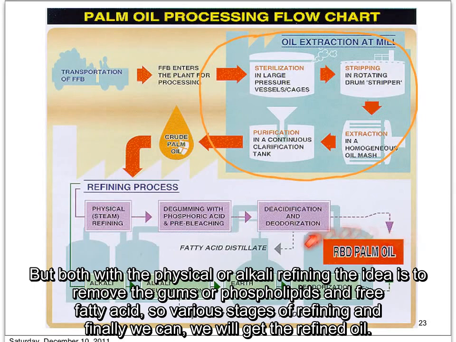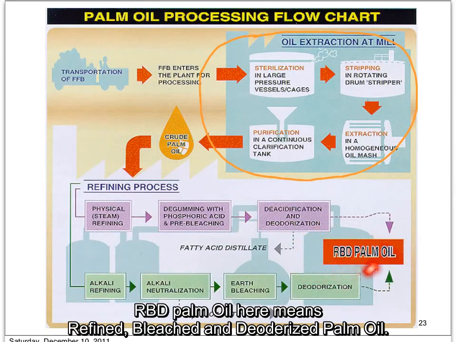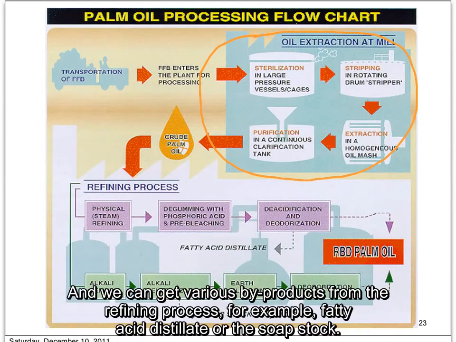And finally we will get the refined oil. RBD palm oil here means refined, bleached, and deodorized palm oil. And we can get various byproducts from the refining process, for example fatty acid distillate, or the soap stock.